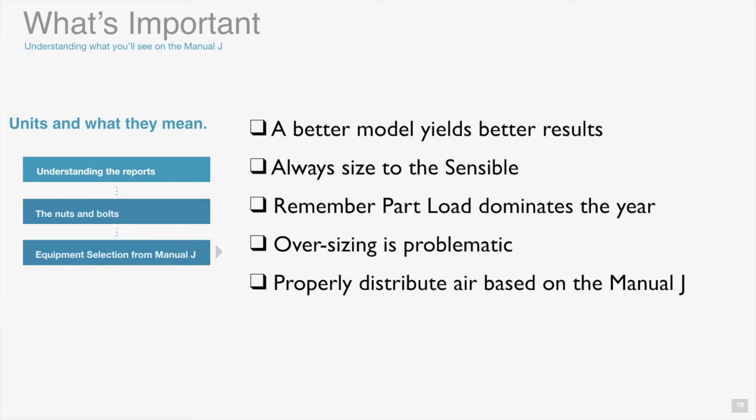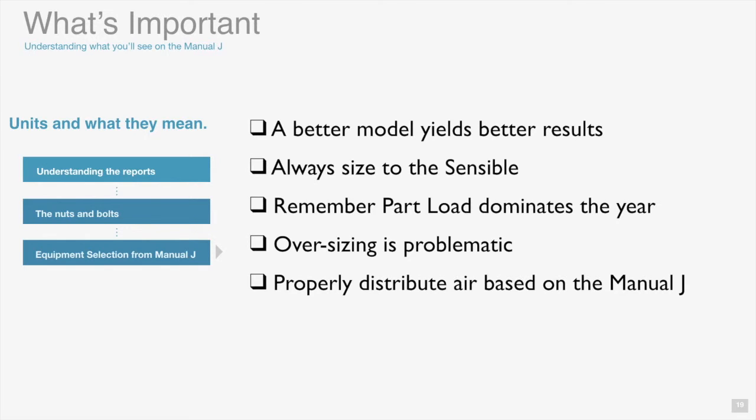Remember also that part load dominates the number of hours per year. If you remember the charts that were earlier, roughly half of the hours in Austin per year typically are in the zone where you don't necessarily need heating or air conditioning. So remember that when you're picking your unit, you want to have something that sizes pretty close to what the load calculation is giving you.